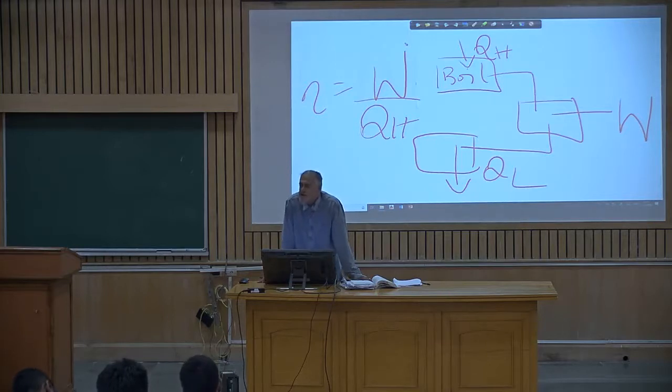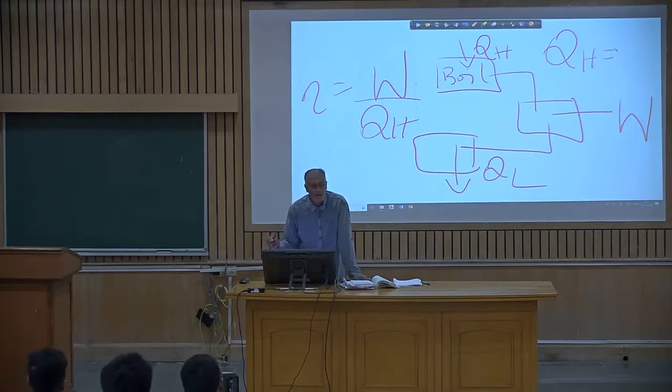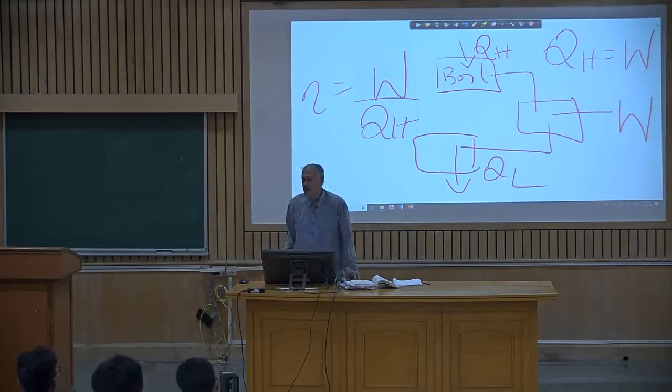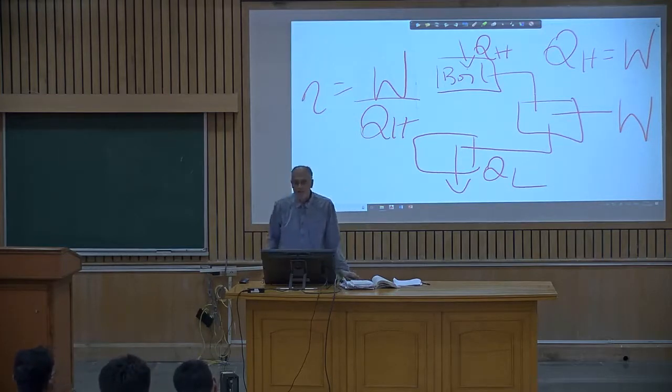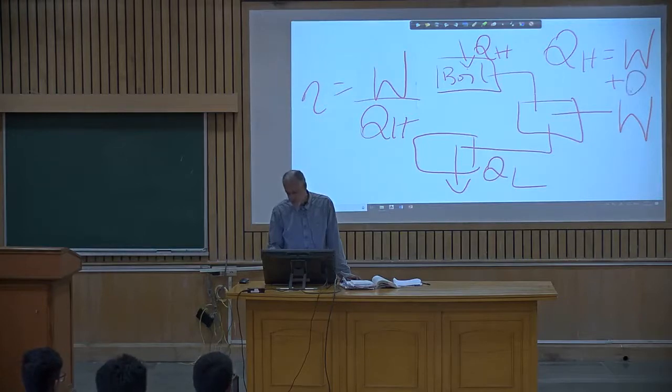If it completely gets converted to work, what equation will you write? QH is equal to W, if the entire heat that is supplied is converted to work. But that doesn't happen. What happens is you get some work and then you get, what should I write? QL.